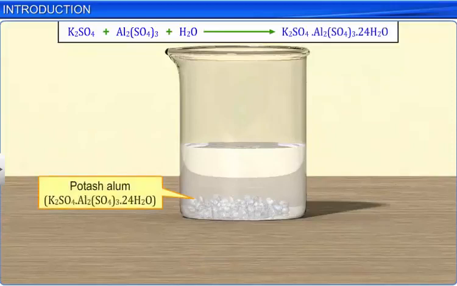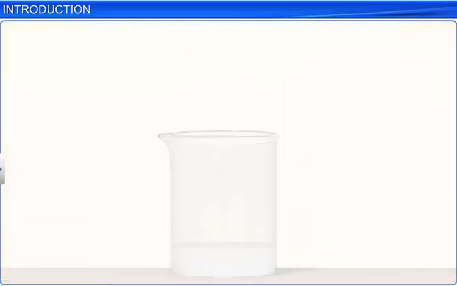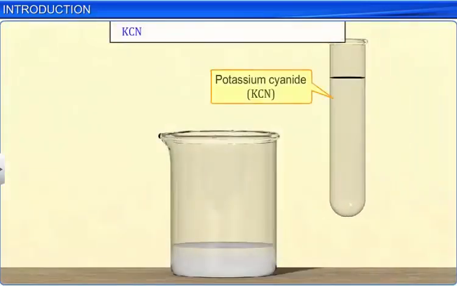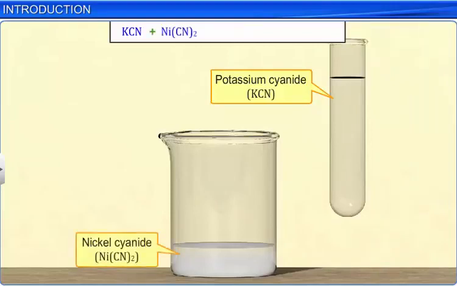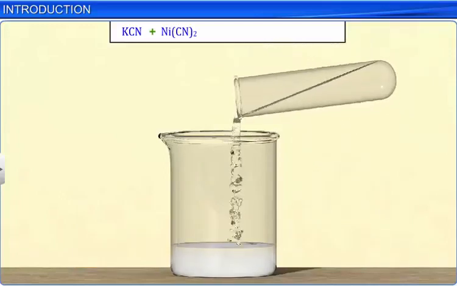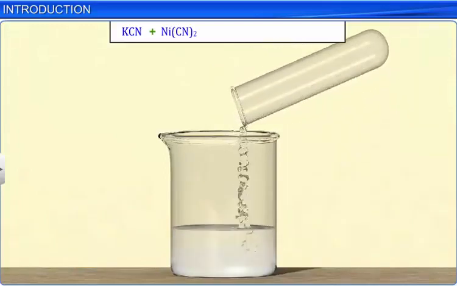Similarly, if we add a solution of potassium cyanide to a white precipitate of nickel cyanide, the precipitate immediately dissolves, and a red-orange solution of a new compound is obtained.